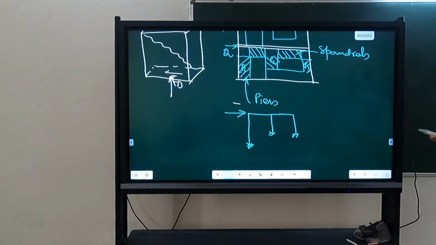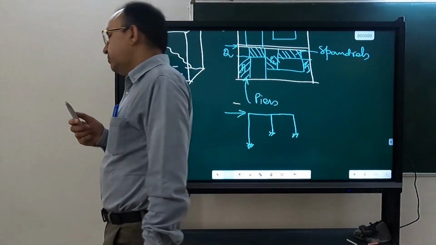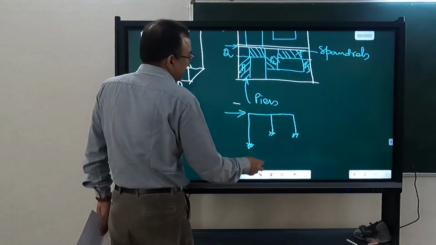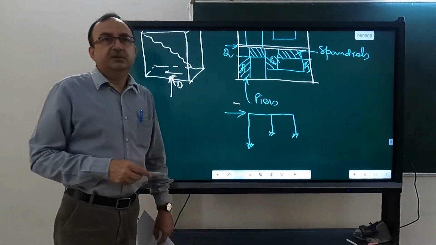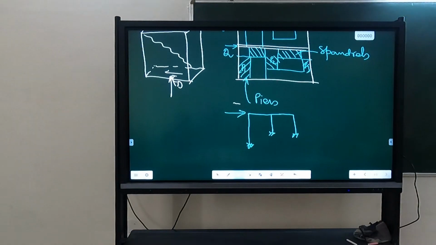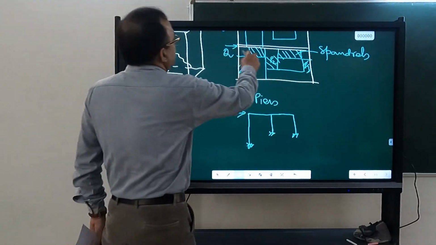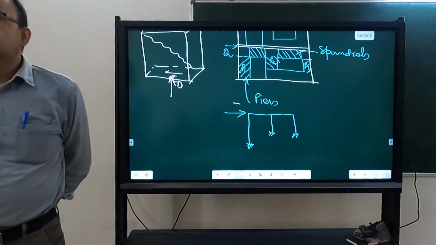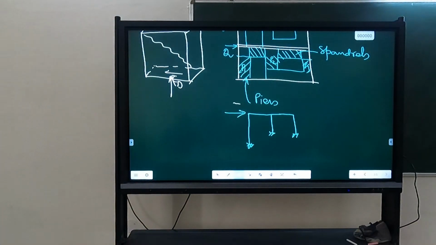Here we will be using a simpler method, the pier method, where we assume spandrels to be rigid and all the deformations to occur in piers, which is quite reasonable because you have seen that this thickness is quite large and not much deformation is happening.